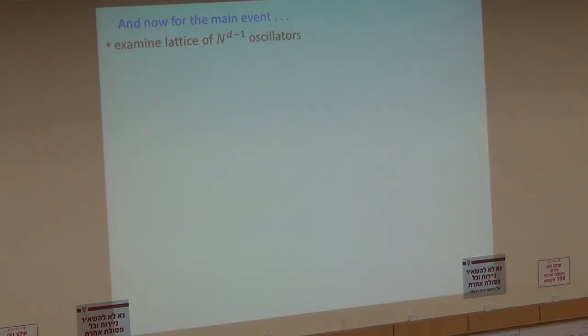But let's think now about the real problem, which was going to take a lattice in principle that's n by n by n by n, where d is again the space-time dimension, and so d minus 1 is my spatial dimension. But just to make a simple observation, I'm not going to do the real problem.